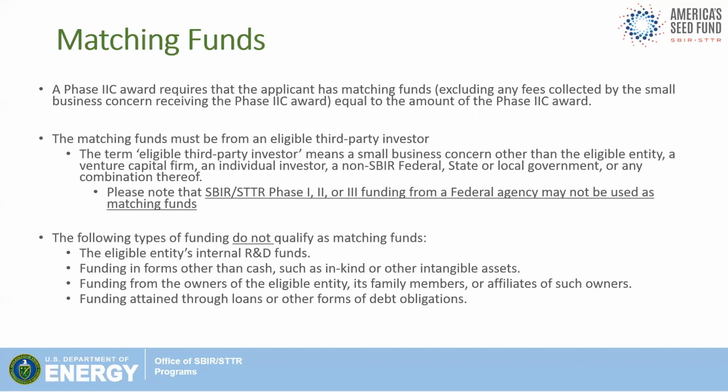An SBIR phase 1, 2, or phase 3 funding from a federal agency may not be used as matching funds. And then here are some lists of things that do not qualify as matching funds.